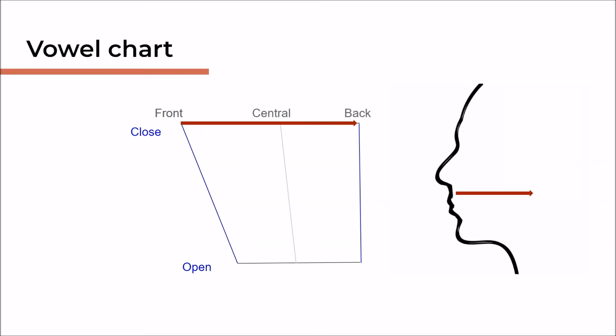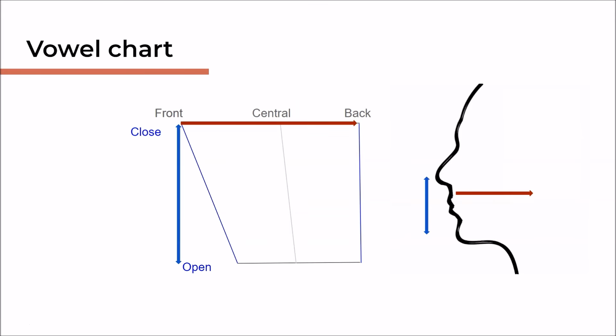And so closed sounds, that means the tongue is quite raised in a way, and the mouth is not as wide open, and then open means really the tongue is lowered and the mouth is more open.